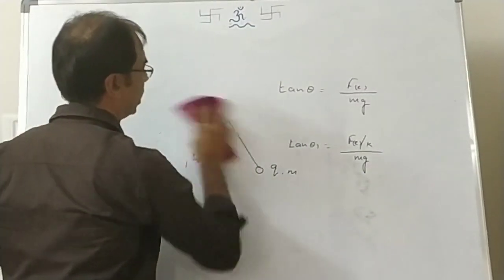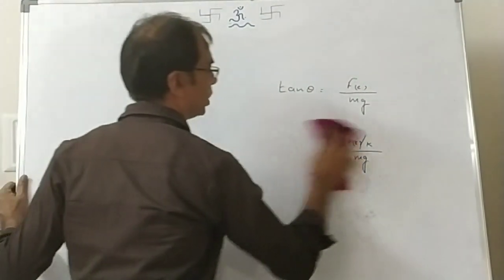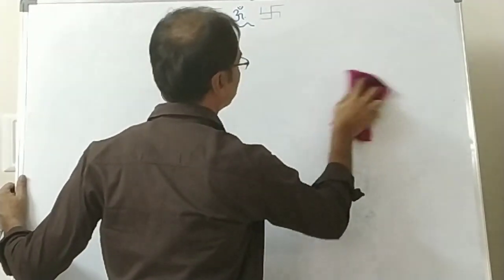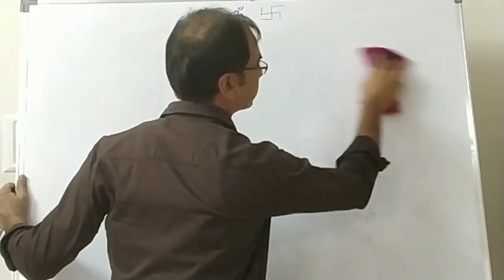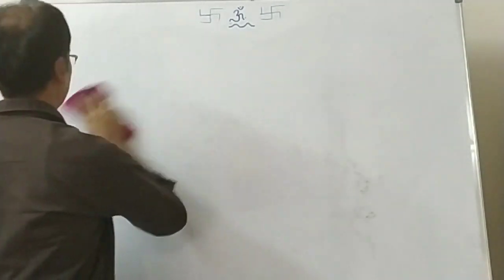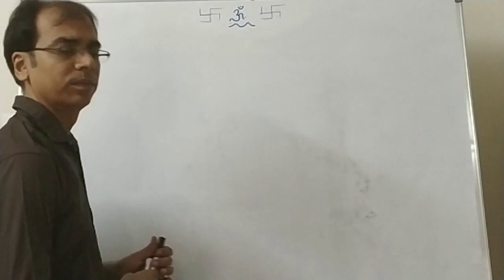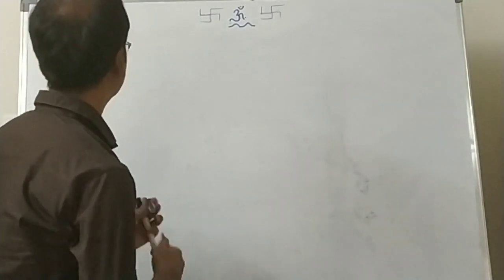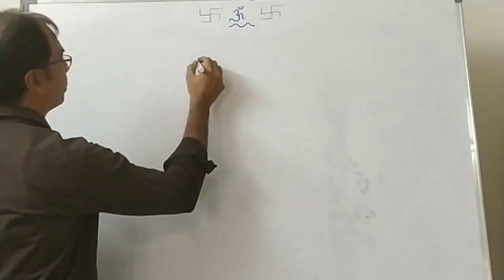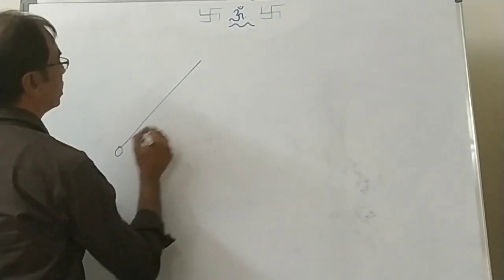The common problems are, suppose the two balls are making an angle 2 theta between them in air, and we put them in a certain medium. Then what is the condition going to be? I'll explain. See, these are the two charges.